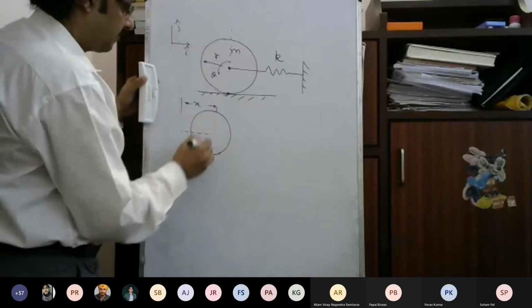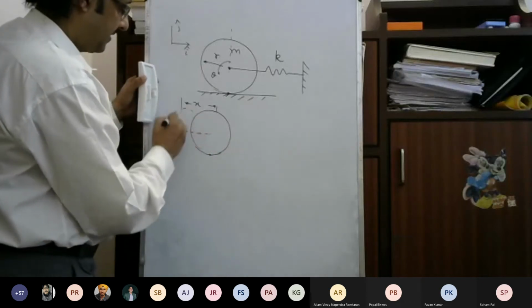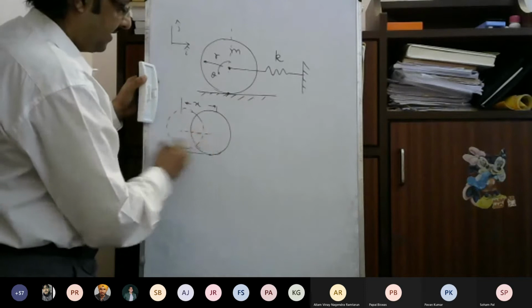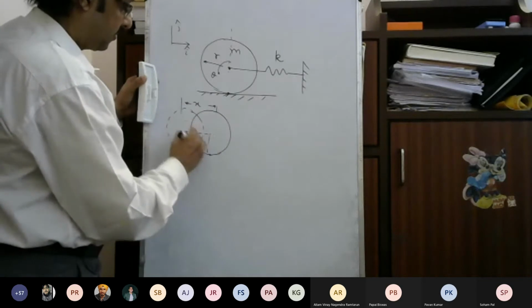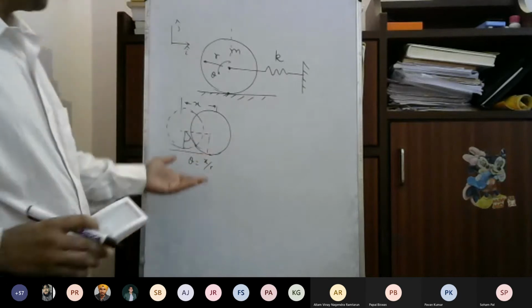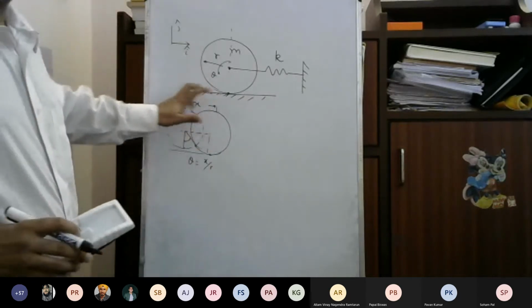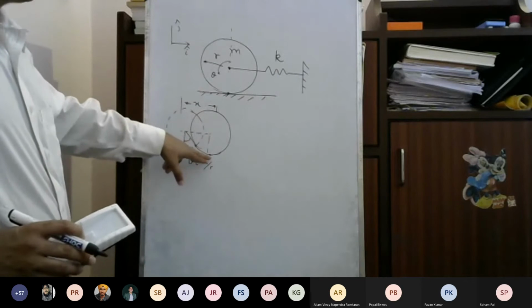So this point will go to this point, and theta will be equal to x by r. This amount of rolling will take place under the pure rolling condition.